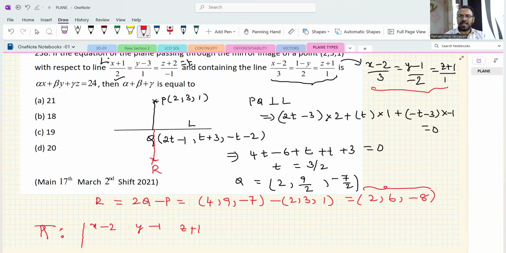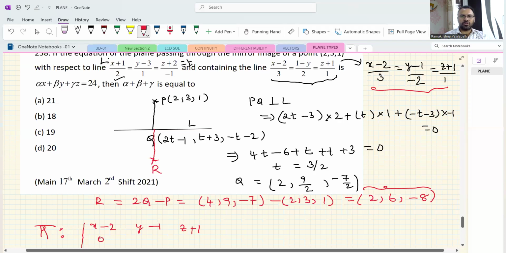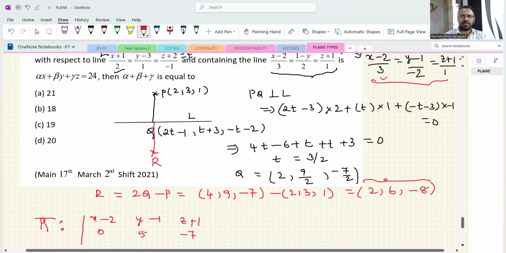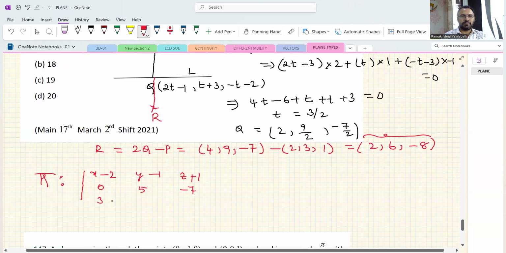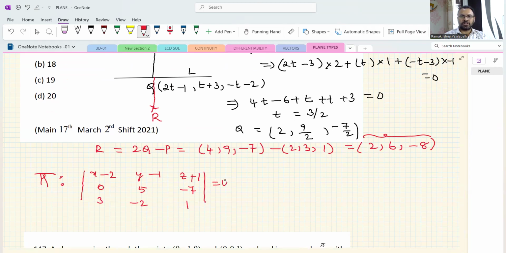And x2 minus x1, you substitute this point here: 0, 6 minus 1, 5, and minus 8 plus 1, that is minus 7. And what are the DRs of this line? 3, minus 2, 1. Put here 3, minus 2, 1 equal to 0.